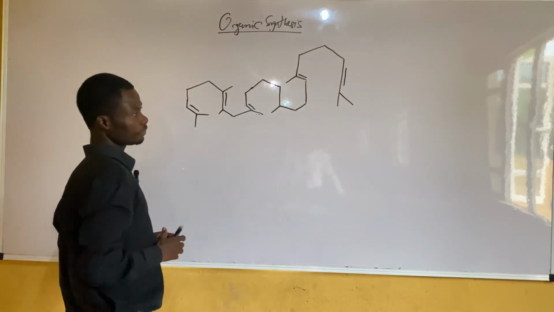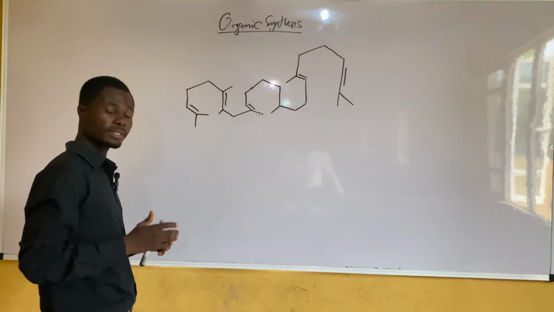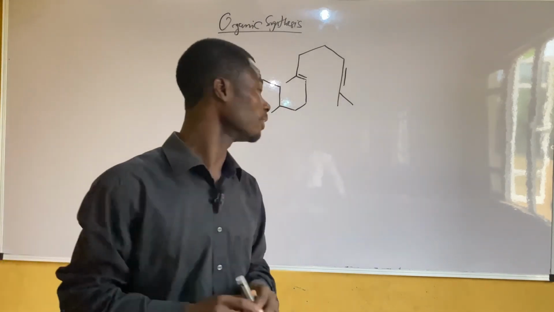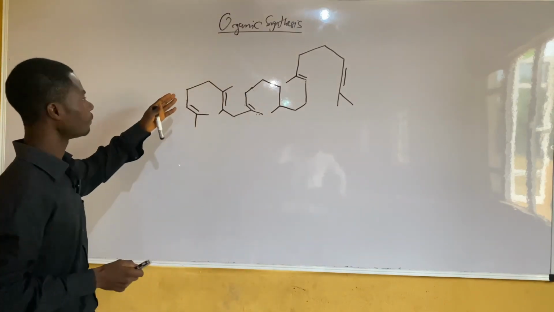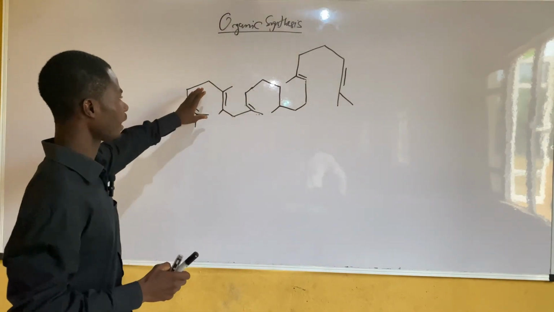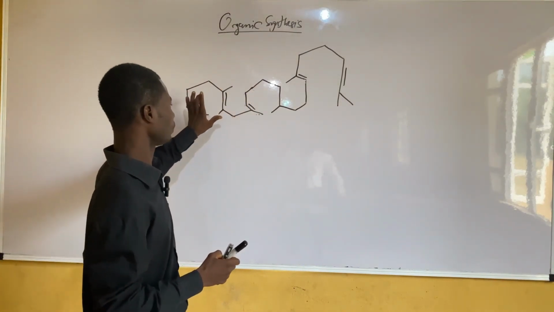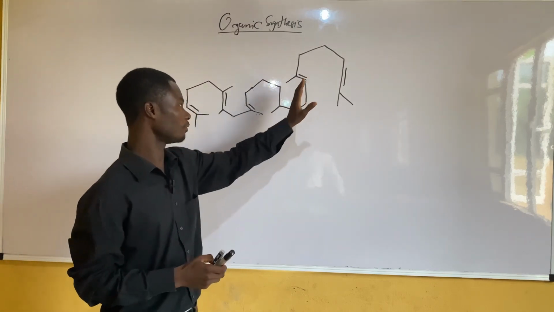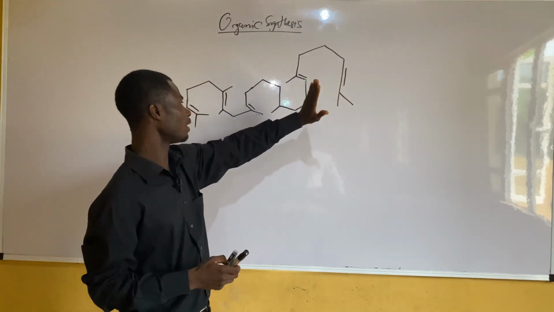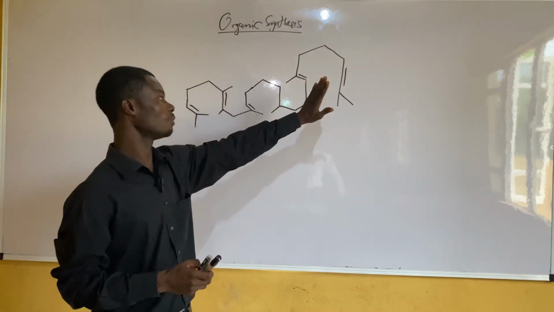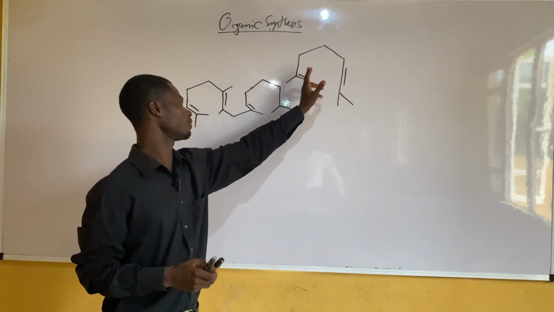Like I told you, it's a form of terpene. All right. So it looks like this, almost having a kind of, so to say, six rings, one, two, three, four, five, having multiple double bonds, one, two, three, four, five.